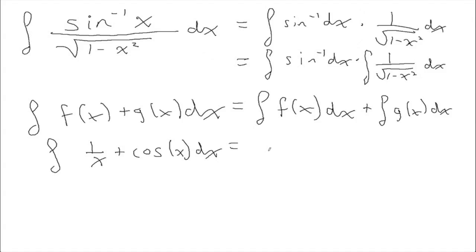The natural log of x plus cosine of x plus c. Where did you get the natural log of x from? Because it's the antiderivative of 1 over x. Great, good. And what else did you have here? Cosine of x. Where did you get the cosine of x from? Because we take the antiderivative of just one term and then plus c.